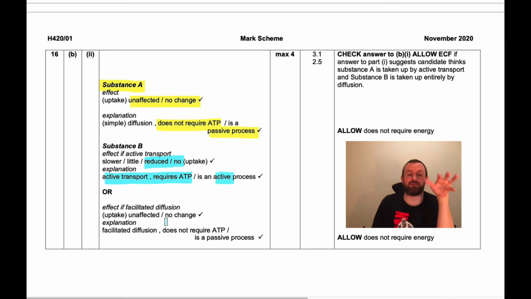Now you might have said that it was facilitated diffusion. B could potentially be facilitated diffusion. You do get the intake of some things via diffusion and via a carrier protein. So if you had said facilitated diffusion, then it would be unaffected, because even though it requires carrier proteins, the carrier proteins don't need energy to operate if you had said facilitated diffusion.